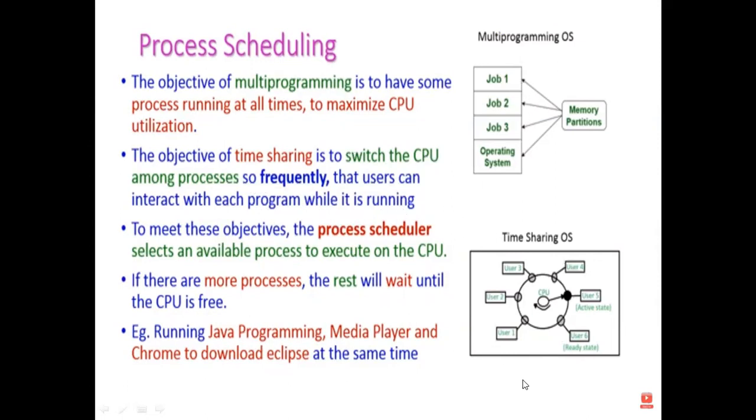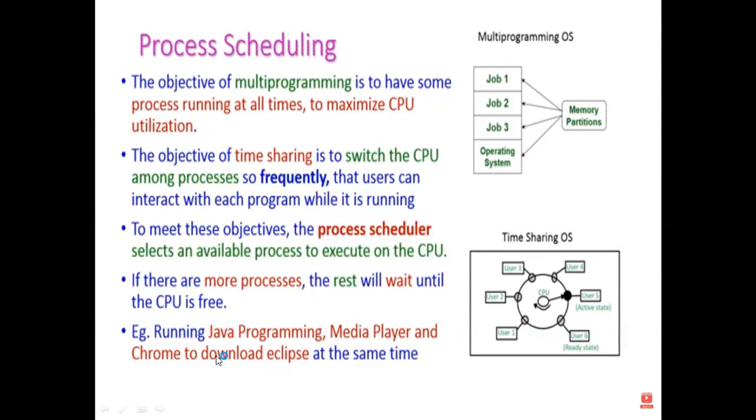To meet all these objectives of the multi-programming and time-sharing operating systems, the process scheduler will select an available process to execute on the CPU. If there are more processes, the rest of the processes will wait until the CPU gets free.